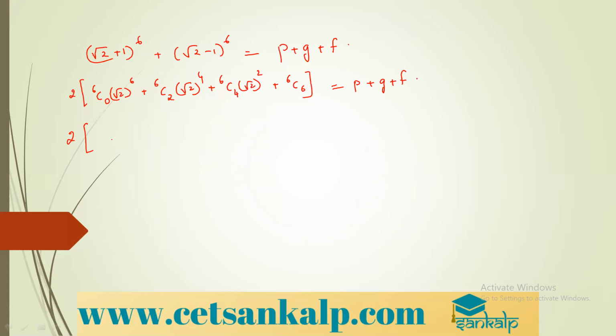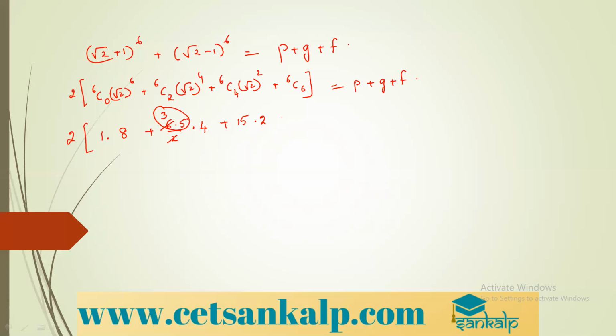Now I can write 6C0 as 1. Root 2 power 6 will be 2 power 3, that is 8. Plus 6C2, 6 into 5 by 2, that is 15, into root 2 power 4, that is 2 square, 4. 6C4 is same as 6C2, that is 15.